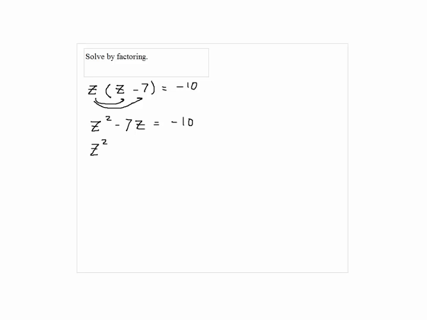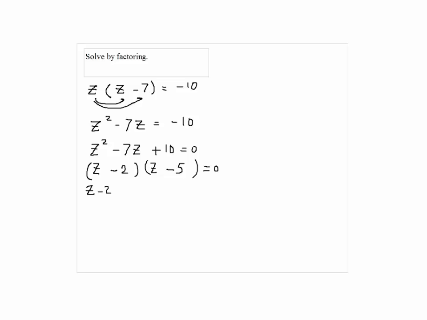We add 10 to both sides of the equation. And we factor for z. Factor this trinomial. z and z, 2 and 5, it's 10. Both have to be minus to make minus 7 out of this. Negative 2 times negative 5 is plus 10.